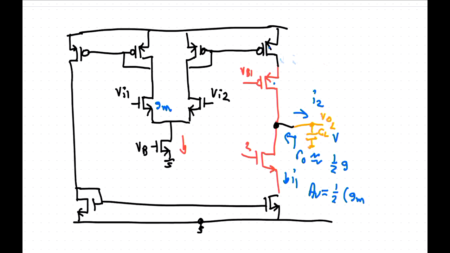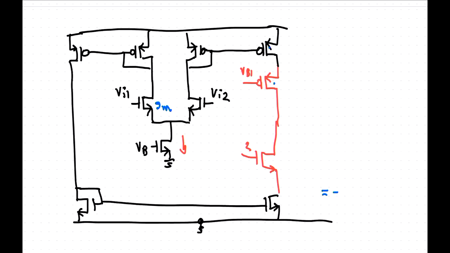Now, you could put a common source at the output. The trouble with that is that it takes a lot of voltage. You lose a threshold voltage. If you want to make it symmetrical, you lose 2 threshold voltages. Even at a 1.8 volt power supply, 2 threshold voltages might still be like 1.2 volts or something like that. So well over half your supply voltage. That might not be acceptable.